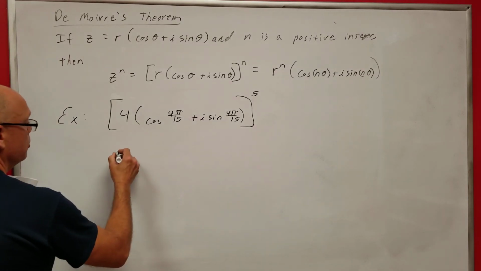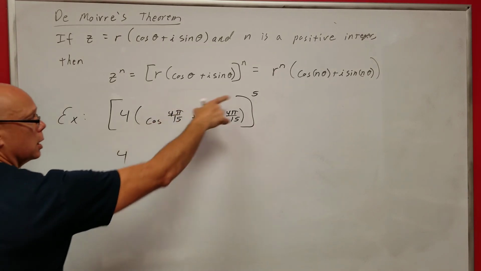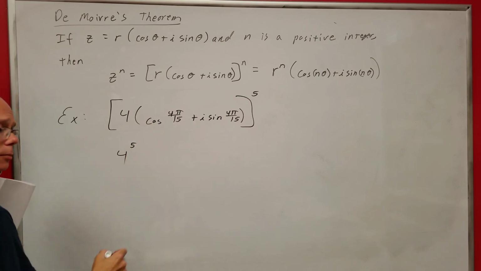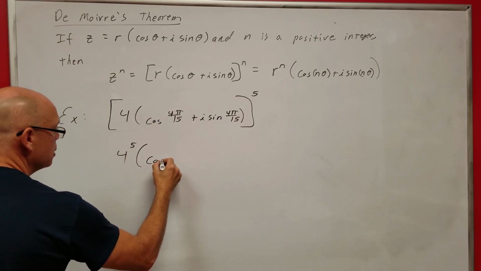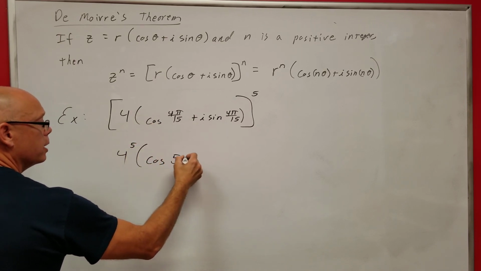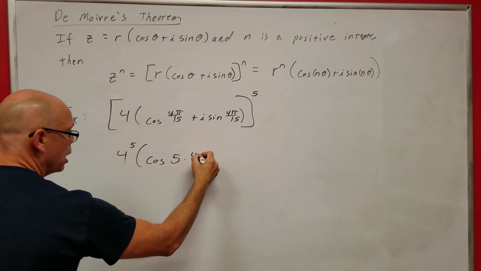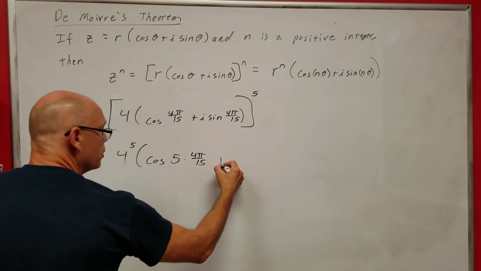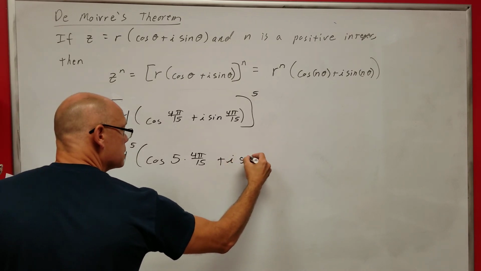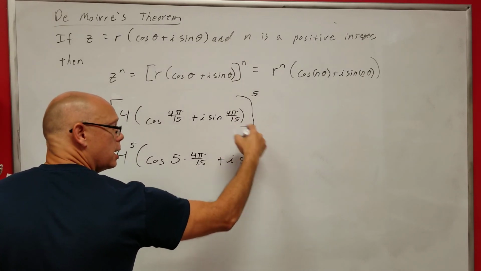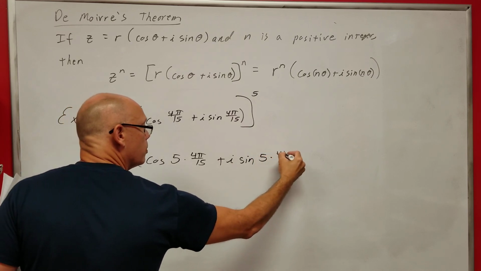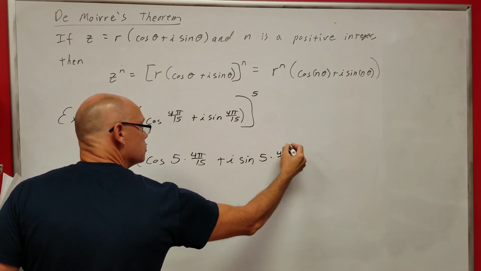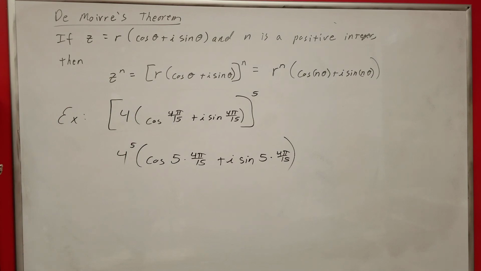Well, what do I do? I take this 4 and raise it to that fifth. Then I write the cosine of 5 times this argument, 4 pi over 15, and the same thing over here, plus i times the sine of 5 times this number, 5 times 4 pi over 15.